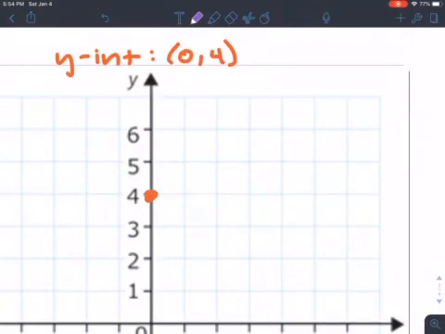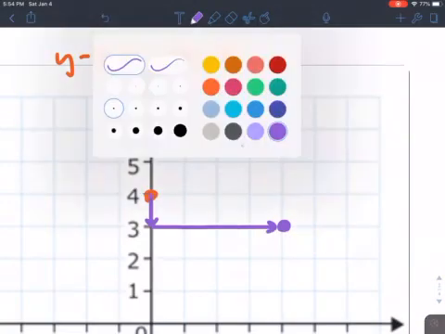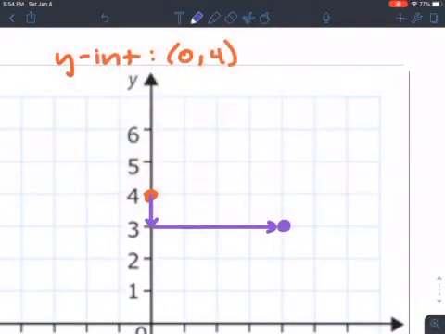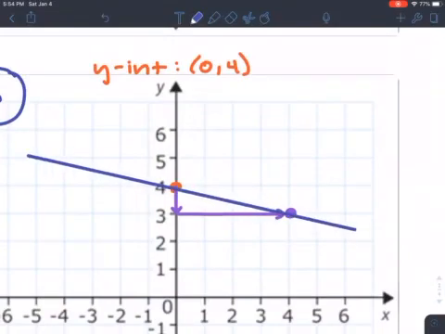So overall I need to go up and down 1, but since it's negative, let's go down 1. And then my run is 4. And then you just want to check: if I put a point here, which had a rise of 1 and a run of 4, did it overall give me that negative shape? And the answer is yes, it did. Okay, so that's perfect. That's what I needed. So I'm going to connect those with the line and put arrows at the ends.